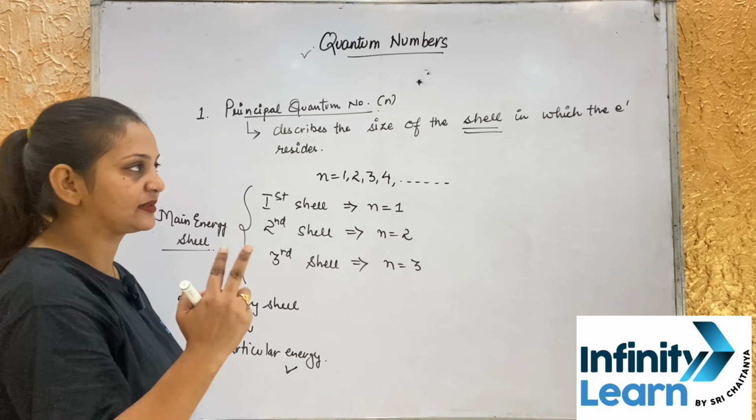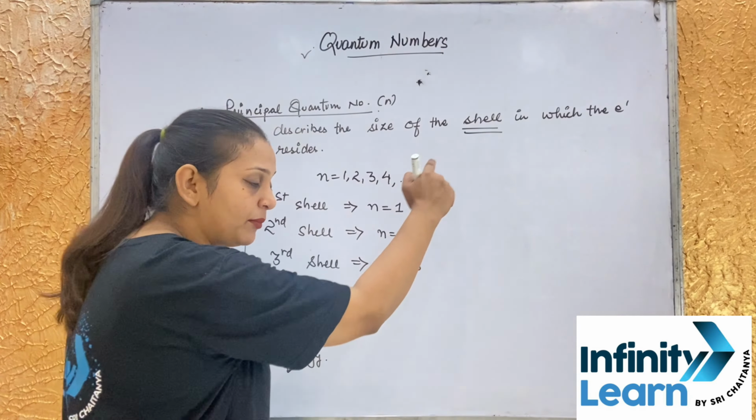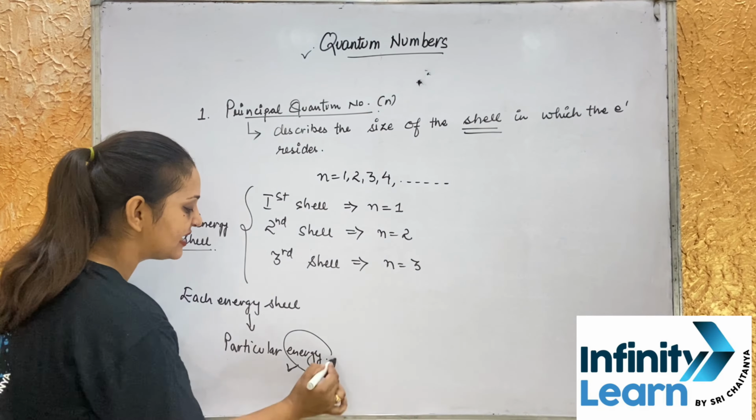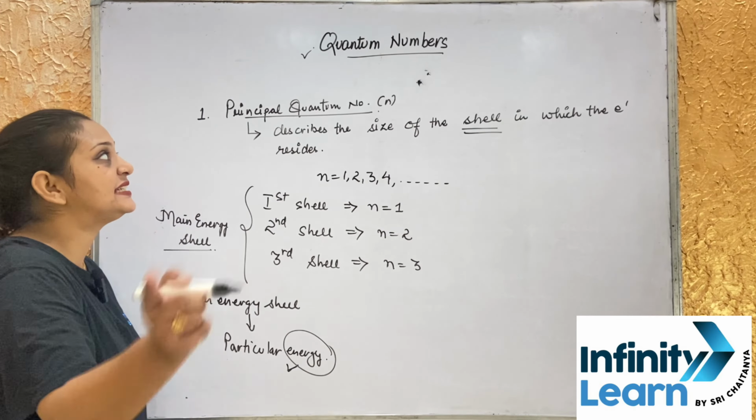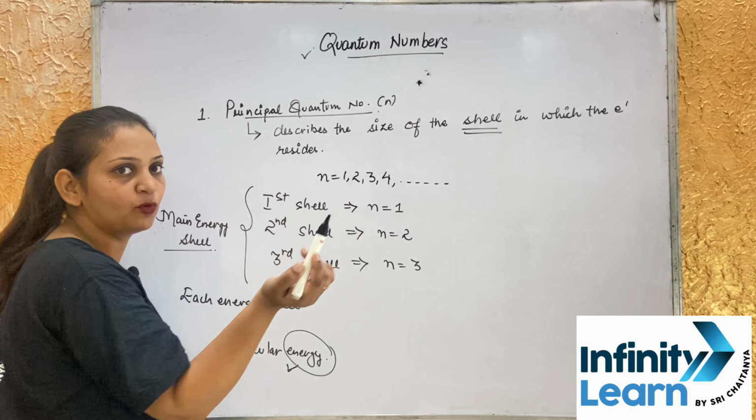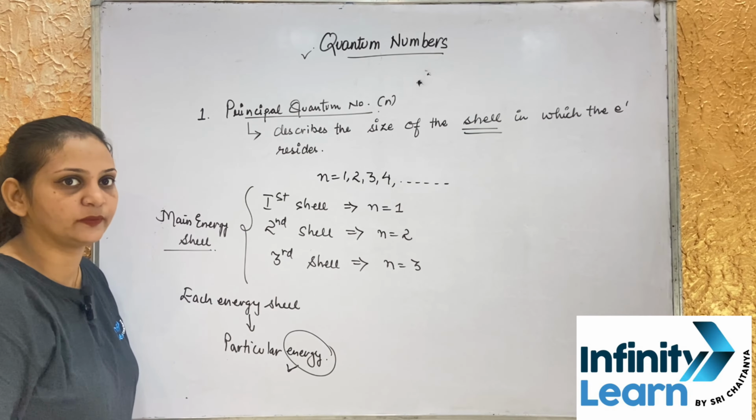So, two things. One, the shell number, and second, the energy associated with the electron is described by the principal quantum number. And it can have values as 1, 2, 3, 4, 5, 6 and so on.